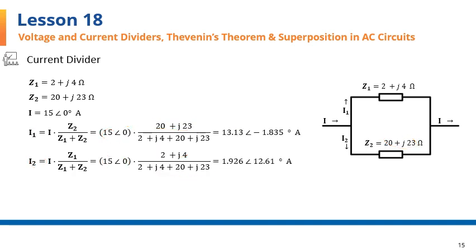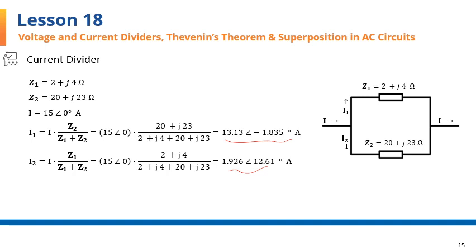The answers are these values here, 13.13 amps with negative 1.835 amps for I1, and 1.926 amps with 12.61 degree phase angle for I2.